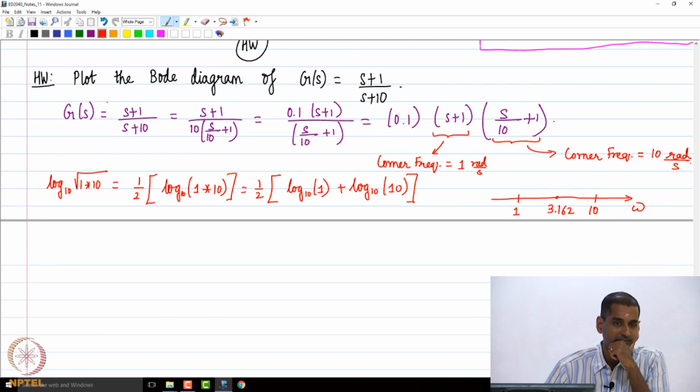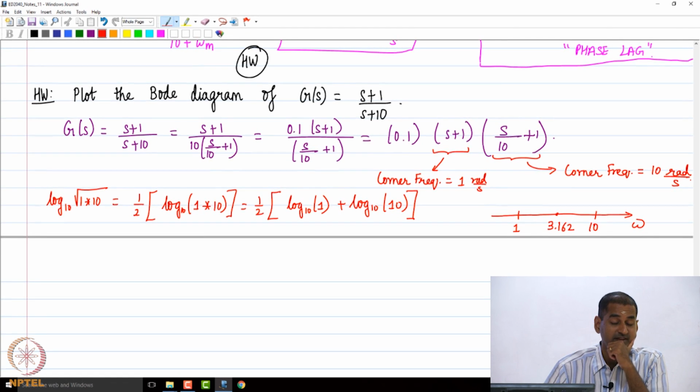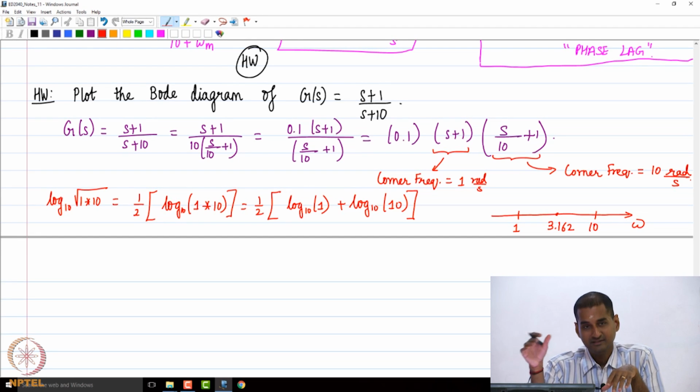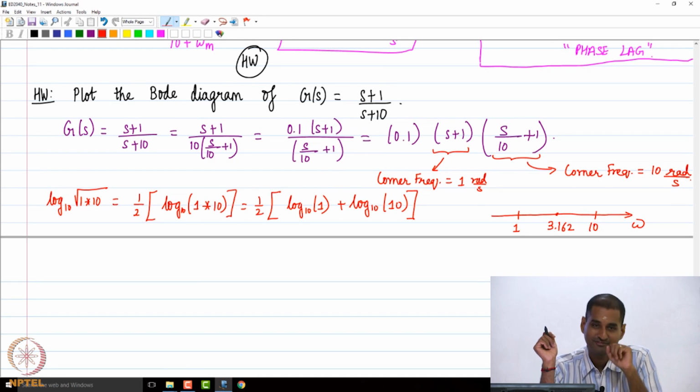So, this geometric mean result is true for all (s plus a) by (s plus b)? Okay. Factors of this form will give you a, that is what I am saying, I am not going to generalize here, it depends on the value of a and b, okay, we will come there. So, please wait for a few more classes.